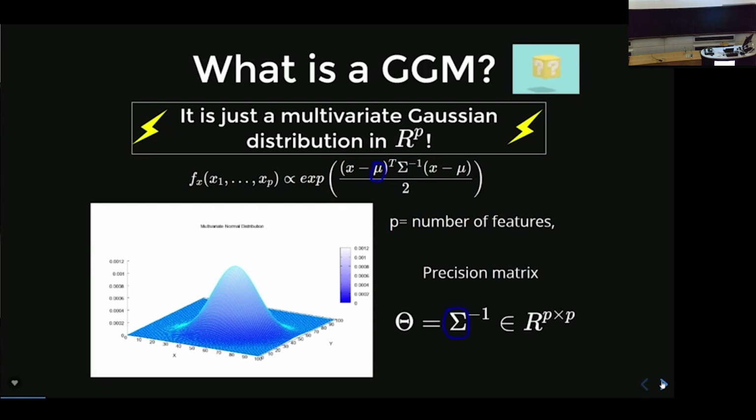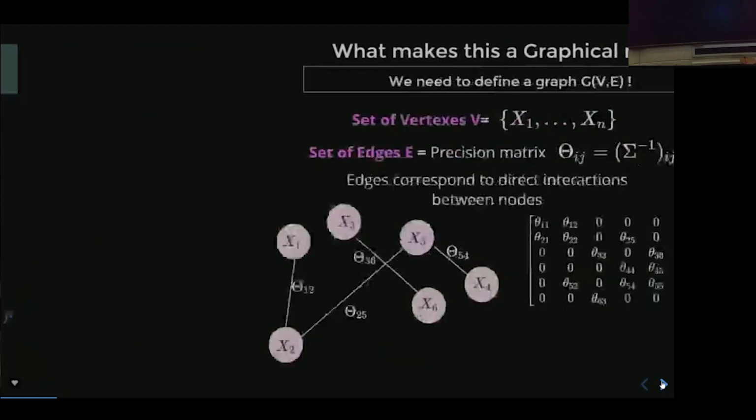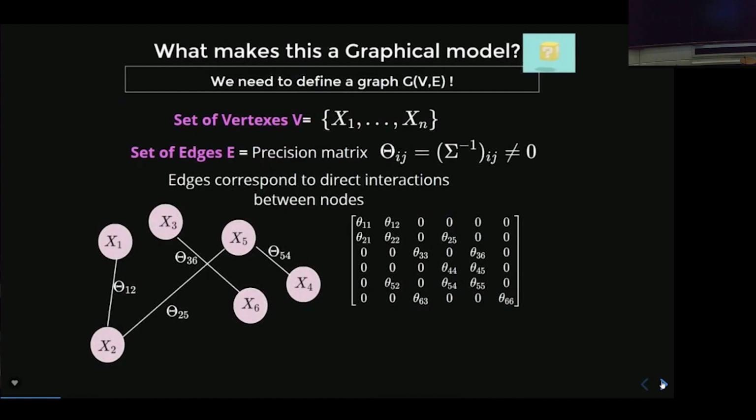And another main player of the talk will be this matrix, the inverse of the covariance matrix, which is called the precision matrix. So why do we say Gaussian graphical model?